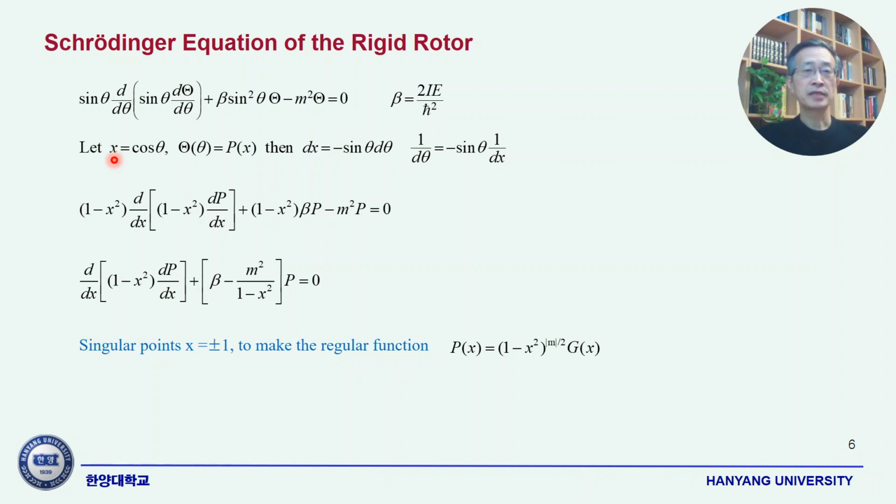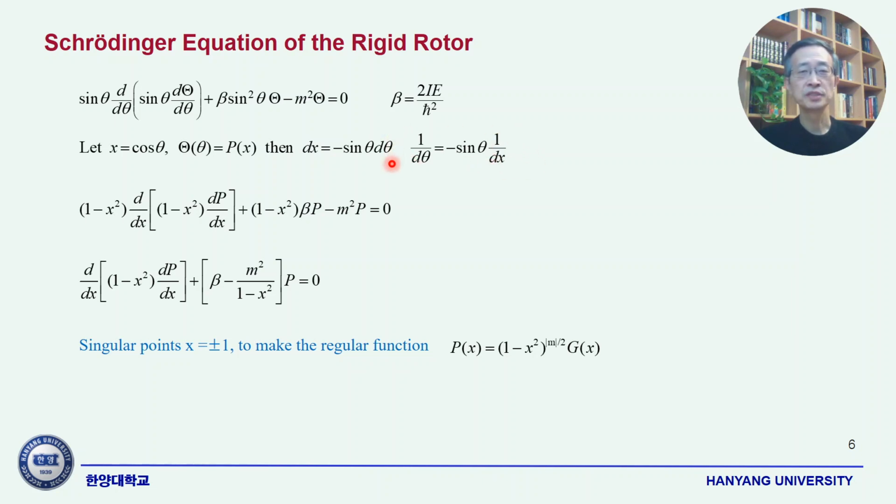Okay, so let x equal cosine theta. Then of course your function Theta of theta, we'll use a different symbol for that, P of x. Now dx is minus sine theta d theta, and you can do this in a way that 1 over d theta equals minus sine theta over dx.